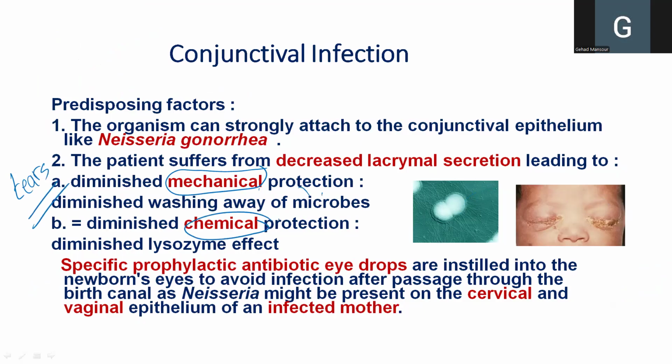So if you have dry eyes, if you don't have enough tears, then you will have diminished mechanical protection and diminished chemical protection. Diminished mechanical protection because there is no liquifilm, and by the way, it is liquifilm, not biofilm, as well as wiping away by blinking.